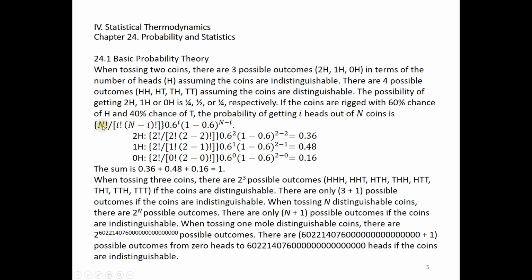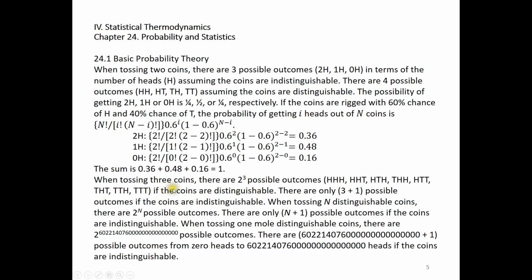It's going to be 10 factorial over 6 factorial times 4 factorial, times 0.6 to the power of 6 times 0.4 to the power of 4. And then you can get a number at least. 2 coins is really simple, but when you get 10 coins, and we need 6 heads out of 10 coins, you need to use this equation.